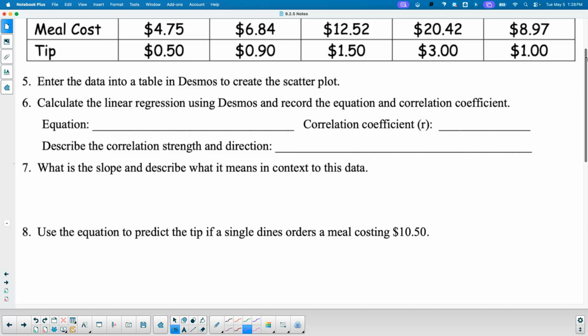What is the slope of this line? What do you got? Okay. What does that mean in terms of this scenario?